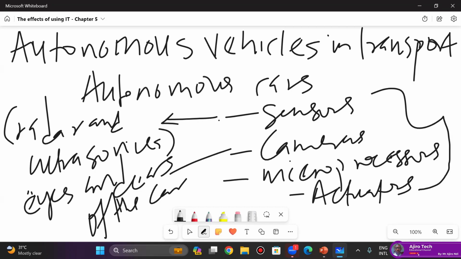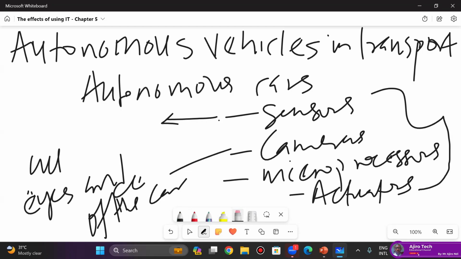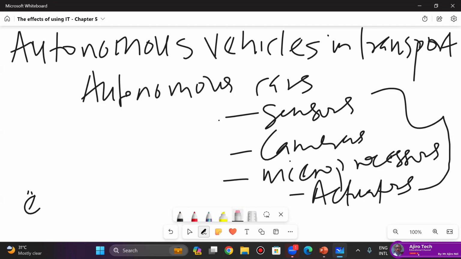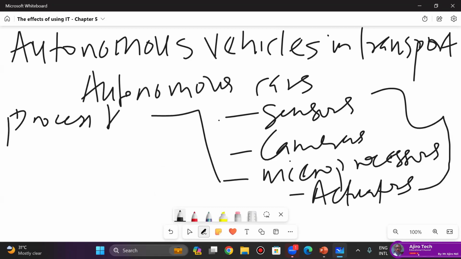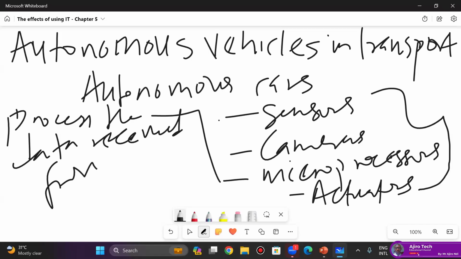For the microprocessor, the microprocessor processes the data received from cameras and from sensors.